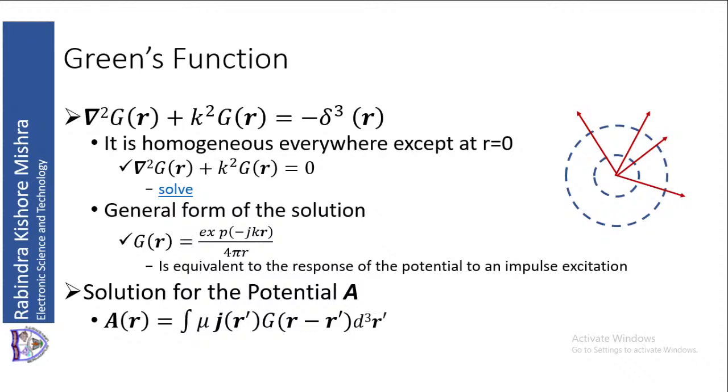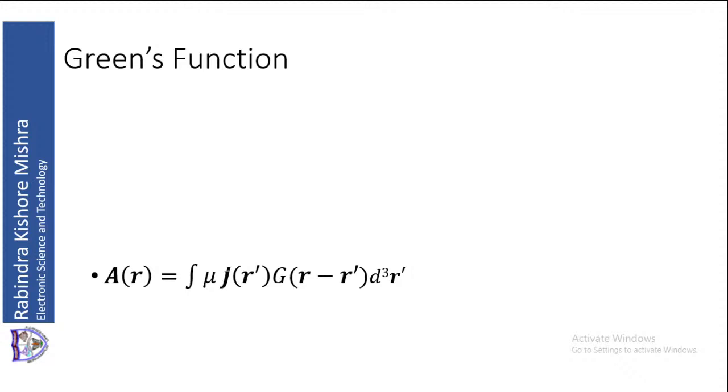We are going to convolve that over the volume, mu J(r') G(r minus r') dv', and that will give us A(r). So that is what A(r) is here.